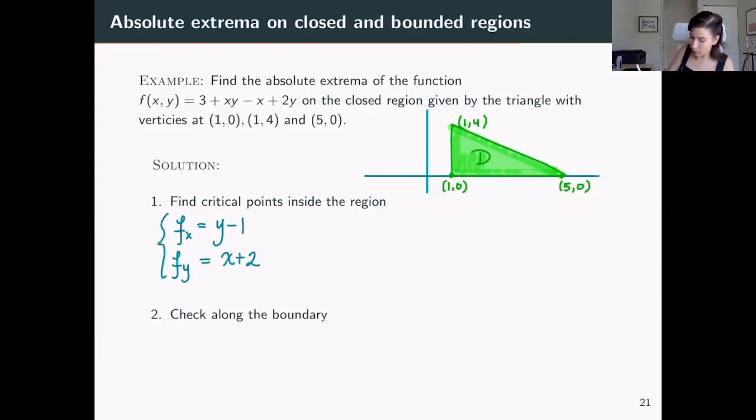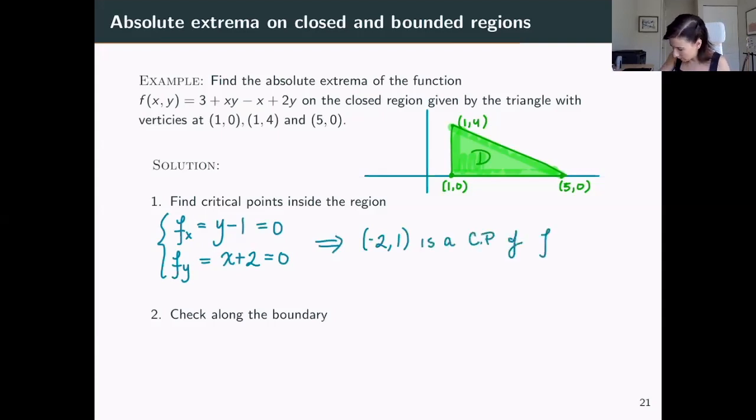Setting both of these equal to 0 gives that the point (-2, 1) is a critical point of f of x, y.